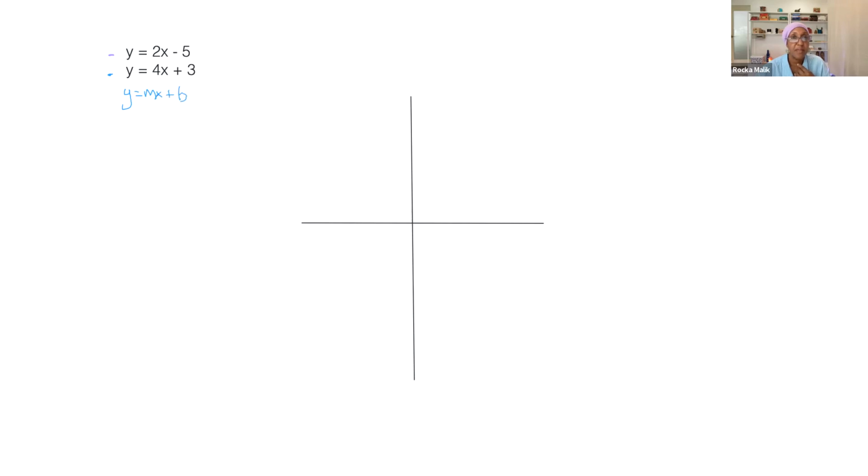That tells me my y-intercept, and it tells me a slope. So to graph it, I would find the y-intercept, which is my cheap free point, and then I'll use the slope, which is like the graphing GPS, to tell me how to move on this coordinate plane.